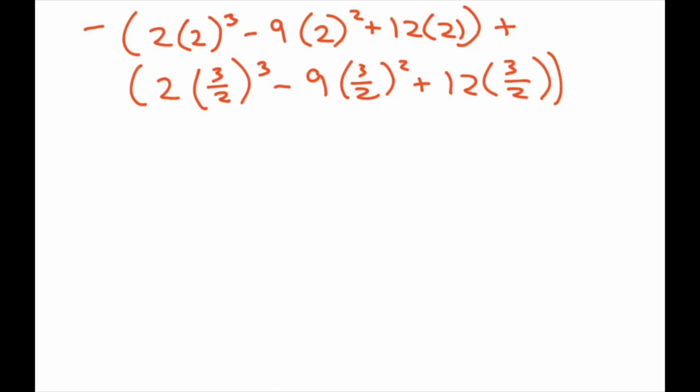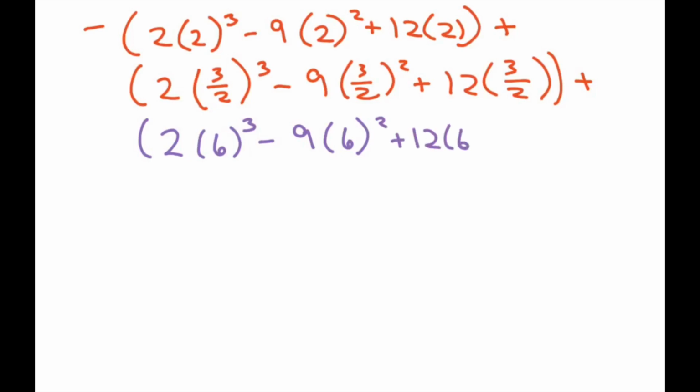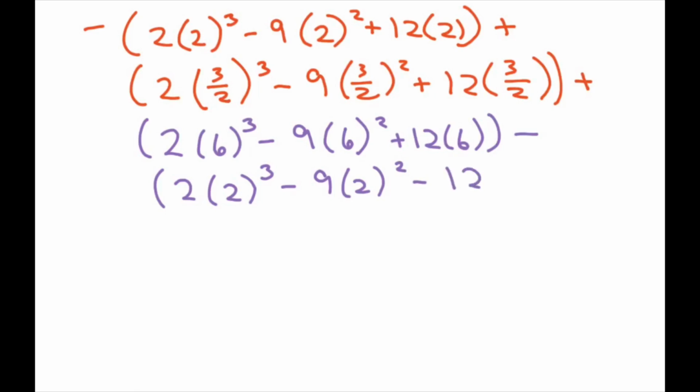Then we have to add the second integral, which is going to be 2 times 6 cubed minus 9 times 6 squared plus 12 times 6, minus the other portion, 2 times 2 cubed minus 9 times 2 squared plus 12 times 2.